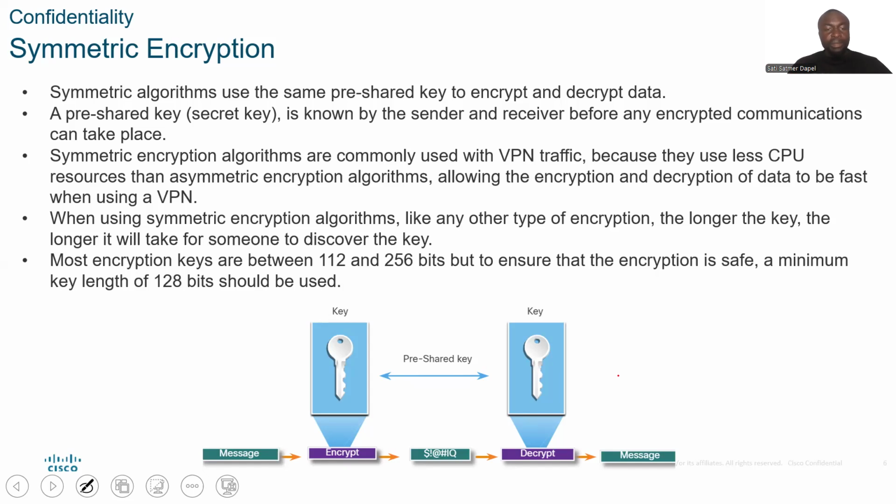Most encryption keys are between 112 and 256 bits, but to ensure that encryption is safe, a minimum length of 128 bits should be used. All right, so that is that one.